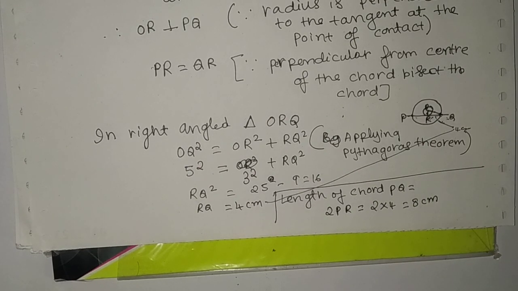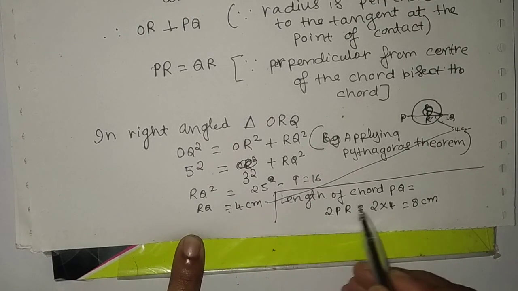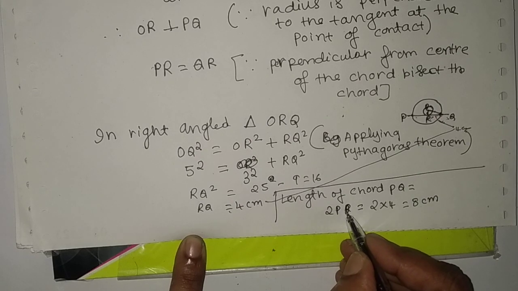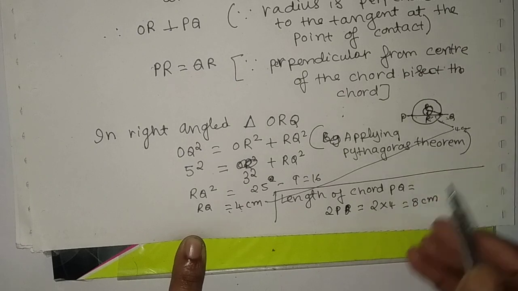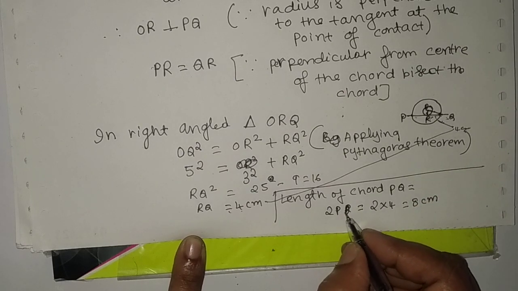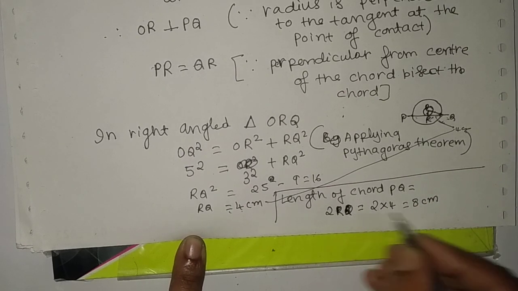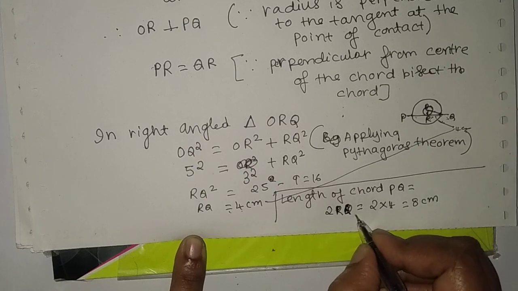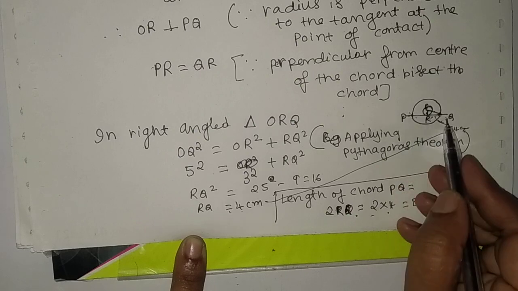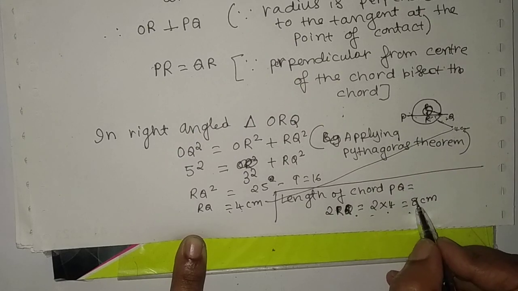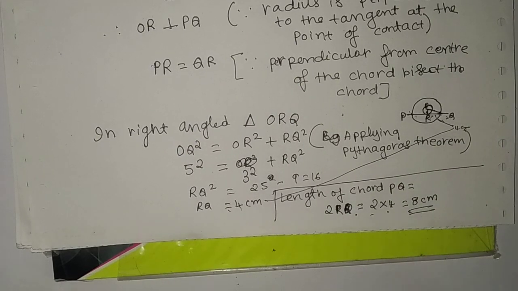Sorry, I made a mistake here. This is PQ and this is RQ. So 2 into RQ will become PQ. So therefore we have 8 centimeters.